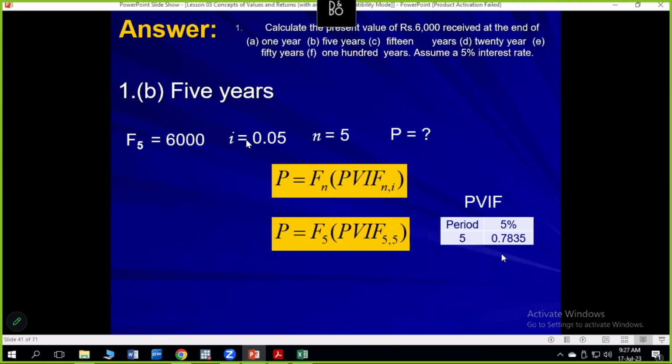So you can confirm whether these values are right or not using your calculator also. But in the exam, no need to confirm.